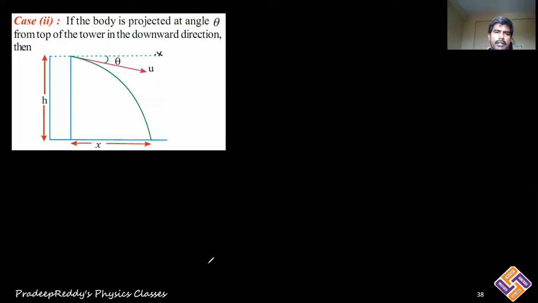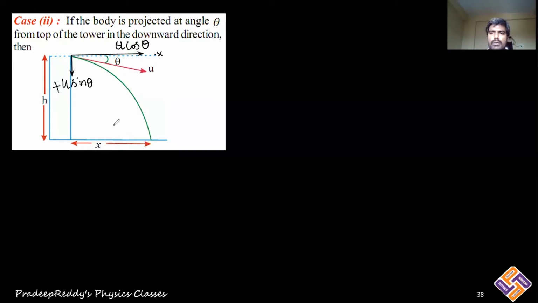u can be resolved into two components, one along the horizontal and the other along the vertical. Along the x-axis it is u cos theta, and along the y direction it is u sin theta, and u sin theta is downward.